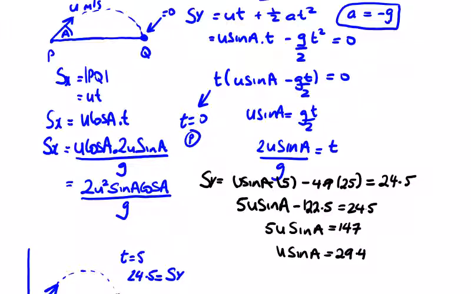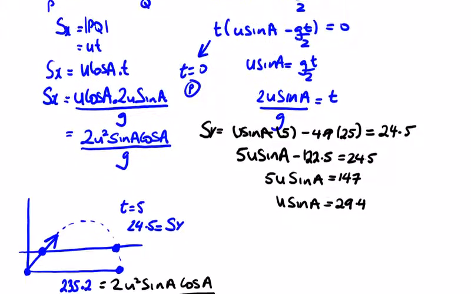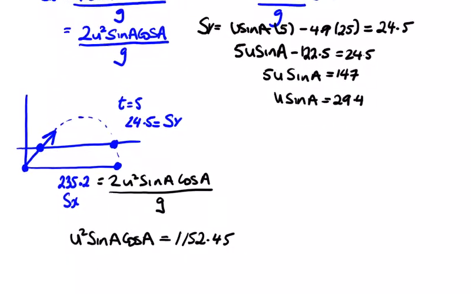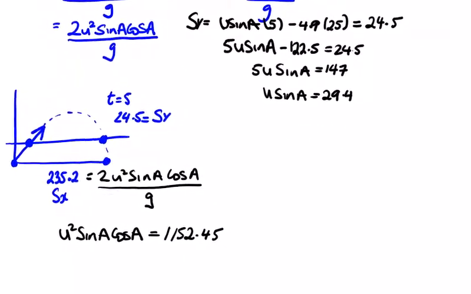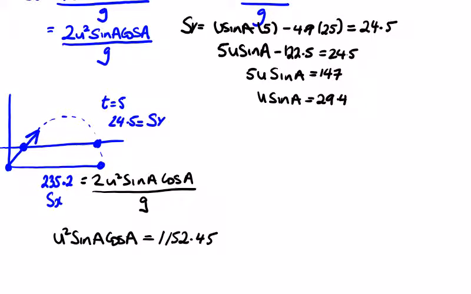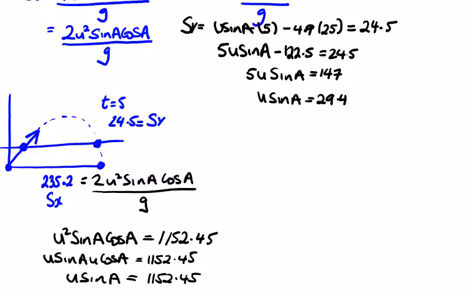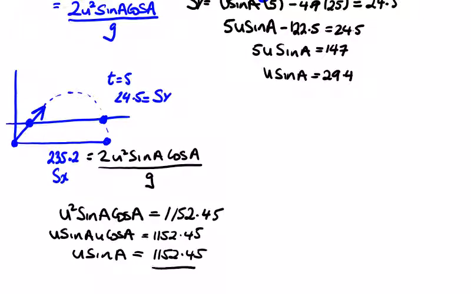If we could get a value for u cos a, we would be able to divide them by each other, and we would have tan a. Then we'd be able to find a. So this is the same as u sine a times u cos a. So we could say that u sine a is equal to 1152.45 divided by u cos a.